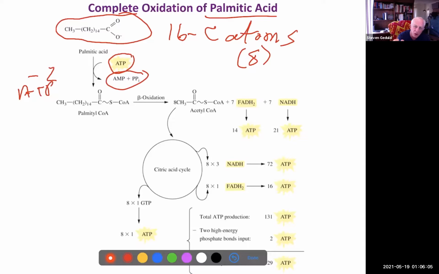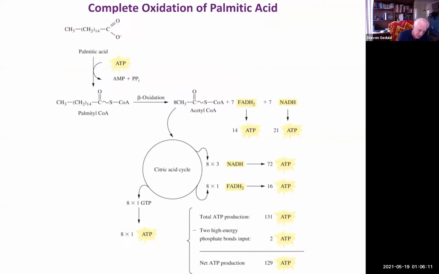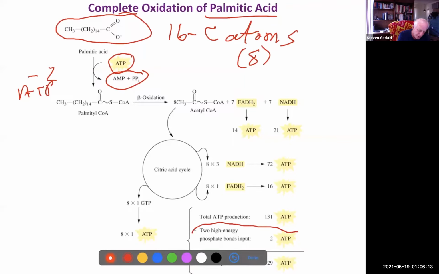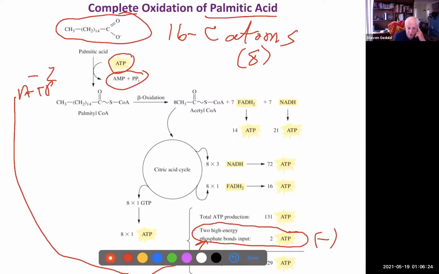So basically it uses up 2 high energy phosphate bonds to get it started. So at the end of it here, this is what we're going to have to subtract from it. These are your 2 high energy phosphate bonds that were input to start. That's where this comes from here. Okay, that's where we subtract 2 because it takes 2 to get it started.